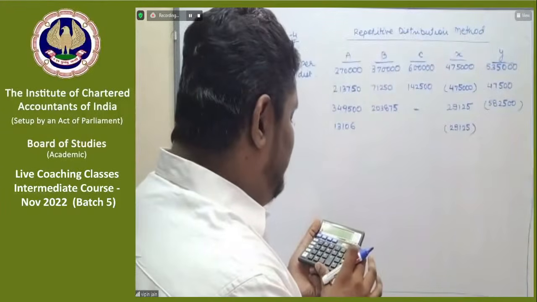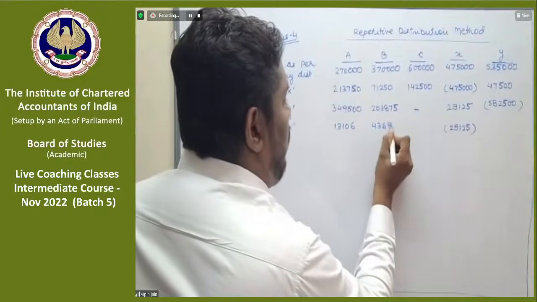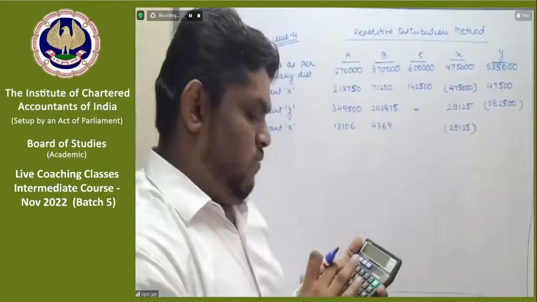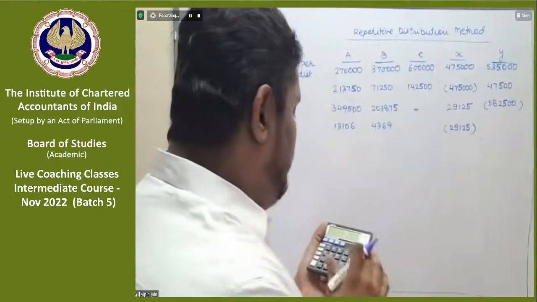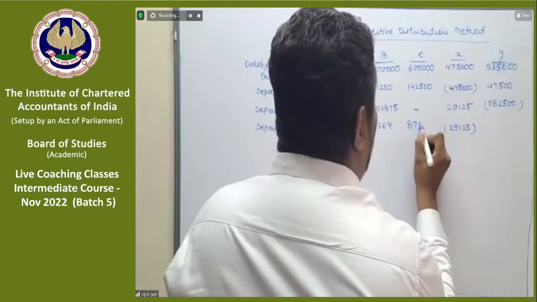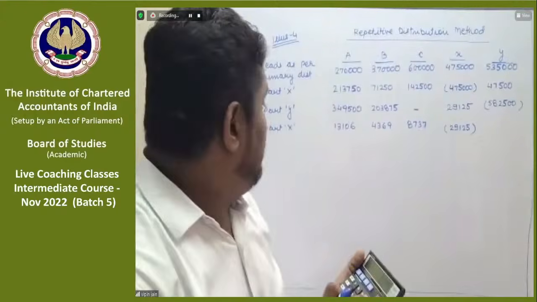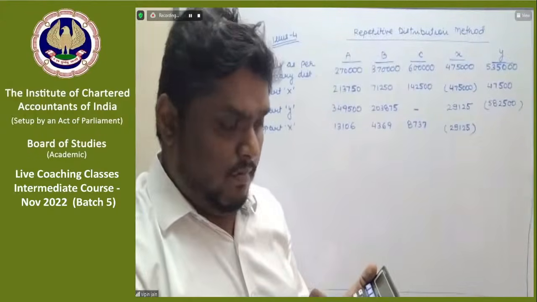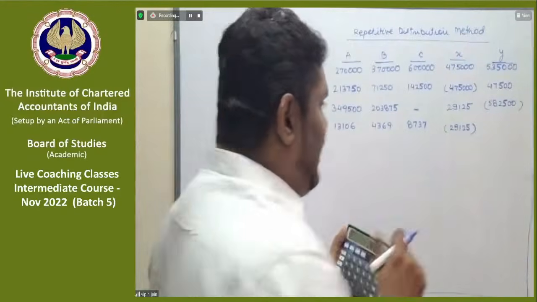This will be 4,369. 30%, that will be 8,737. And last will be 10%. So this will be 2,913.